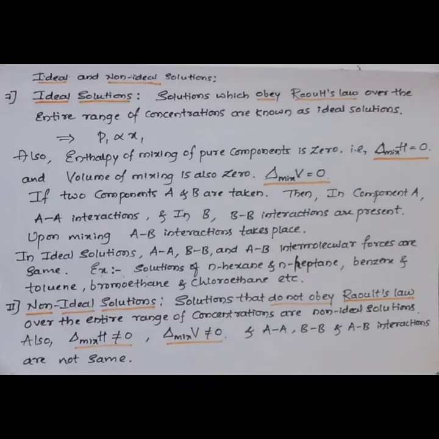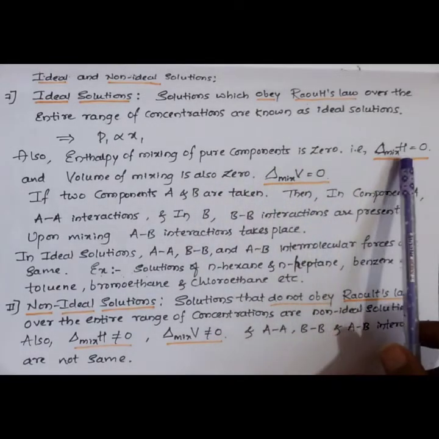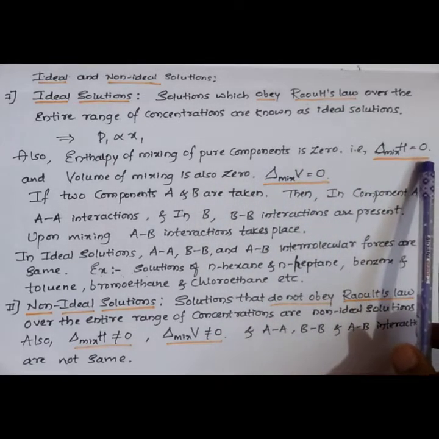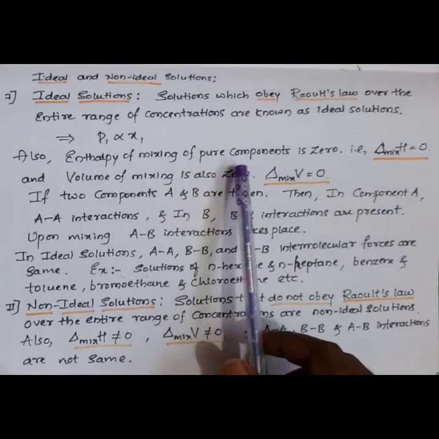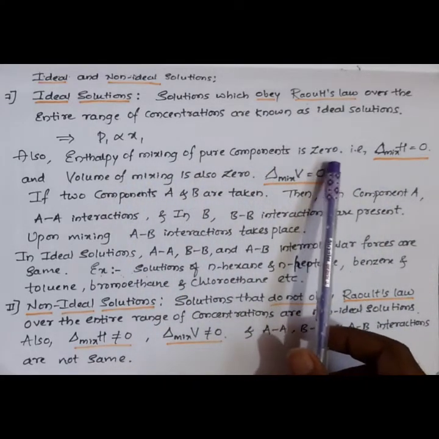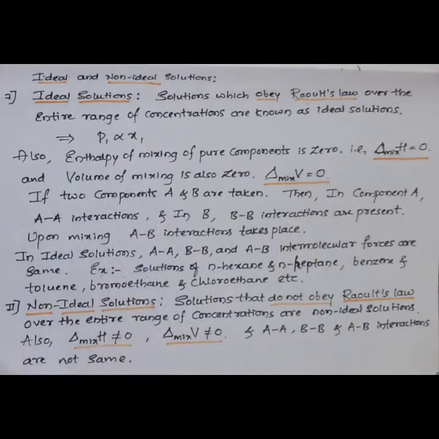But in ideal solutions, when two components are mixed to form a solution, there is no release or absorption of heat energy, and hence the change in enthalpy becomes equal to 0. So the enthalpy of mixing of pure components is 0 for ideal solutions.